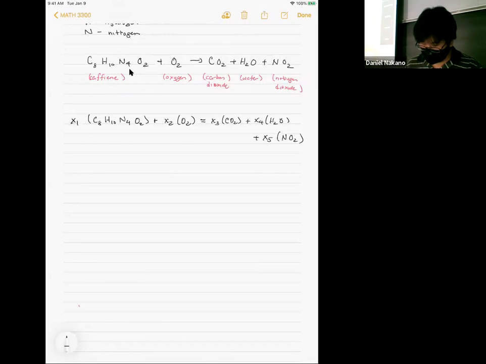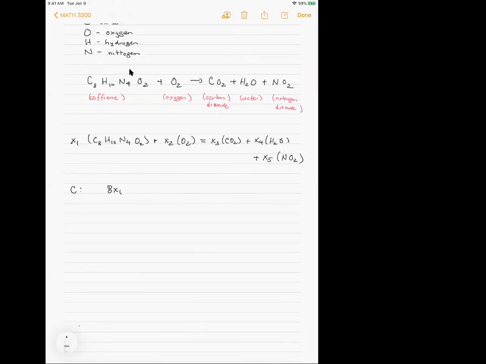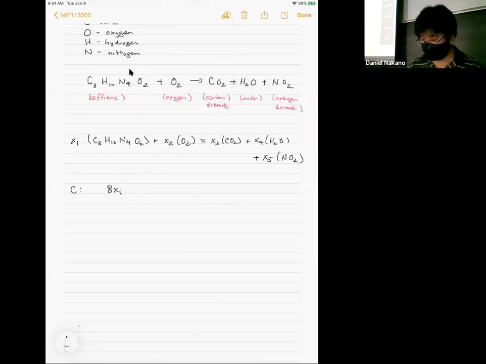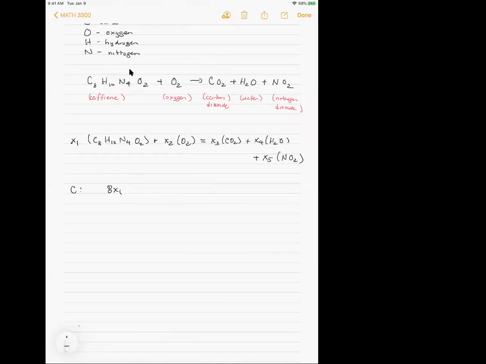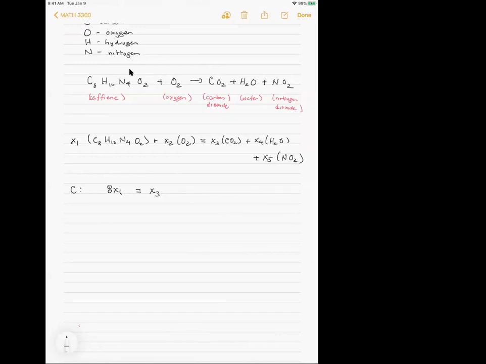All right, so now we want to compare each of the various compounds, and from there we're going to get linear equations. So let's compare the carbons. From the first one, how many carbon atoms do we need to take? 8 times x1. Do we get anything from x2? No. That's equal to x3 on this side, and none from the rest.